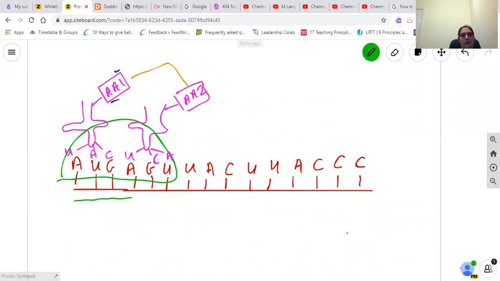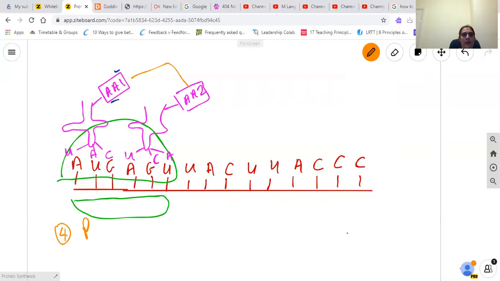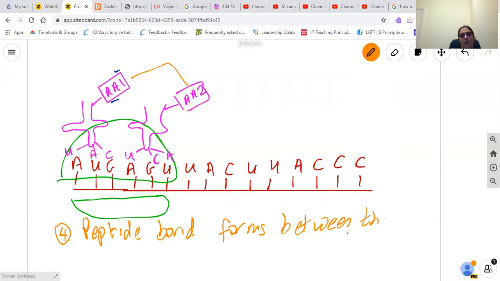Redraw in my ribosome. Okay, so a peptide bond forms between the amino acids. And the first tRNA will leave.